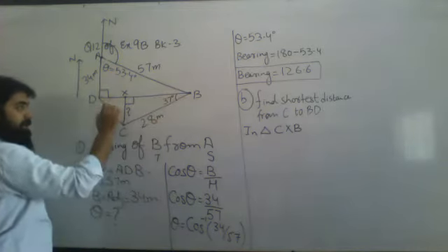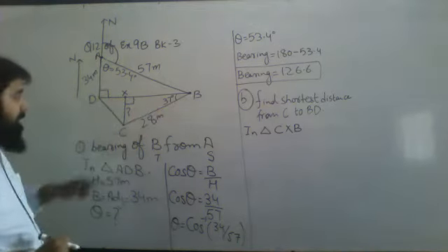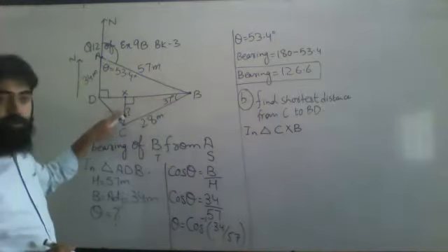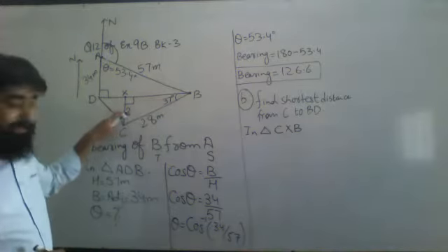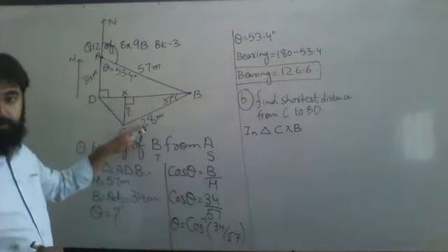Over here I haven't got anything, so I'm not going on this side, I'm going on this side. Now the angle is given. I have to find the side which is opposite to the given angle other than 90 degrees, and I have got this one which is the hypotenuse.